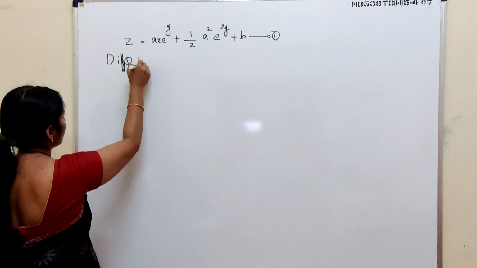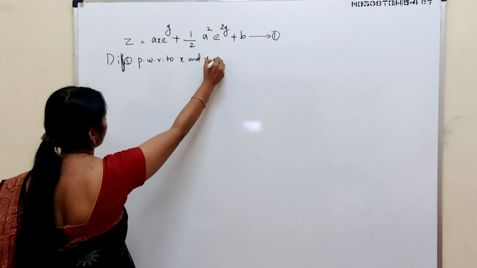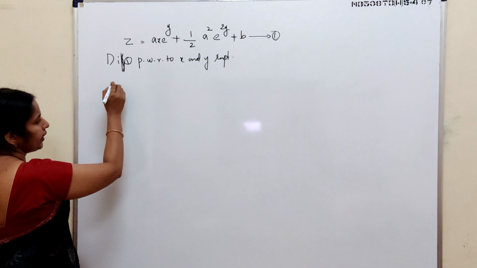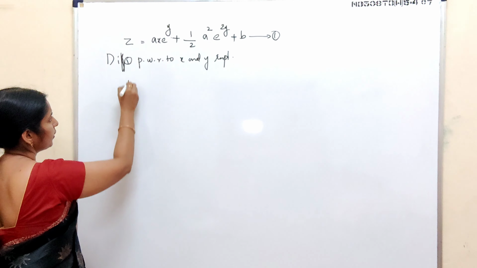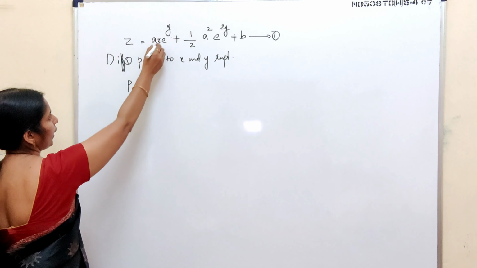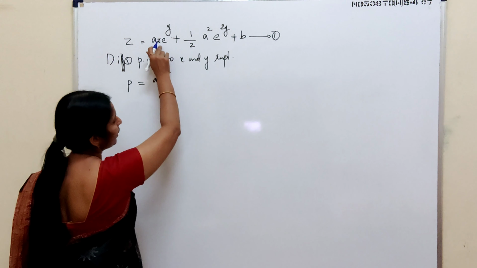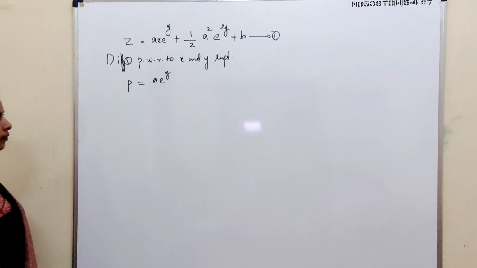Differentiate 1 partially with respect to x and y respectively. When equation number 1 is differentiated partially with respect to x, the left side is p. Here we are differentiating with respect to x, so only this term contains x, and the derivative is a e^y.